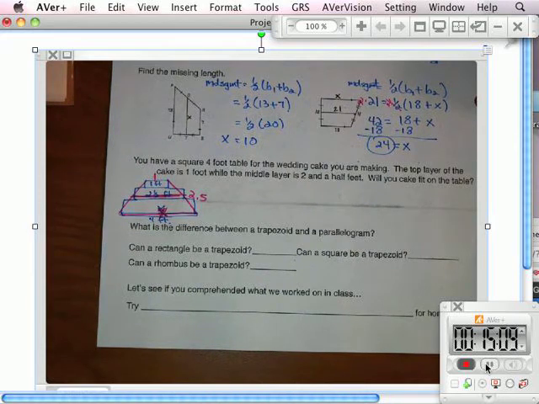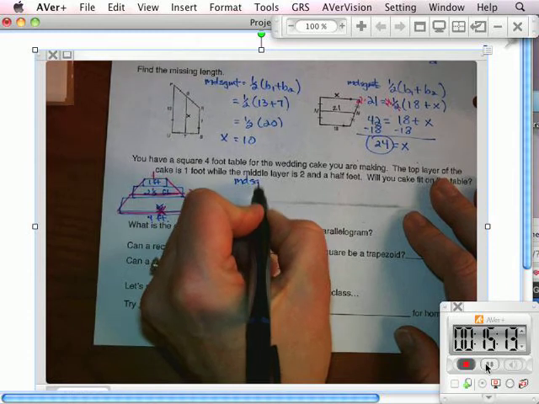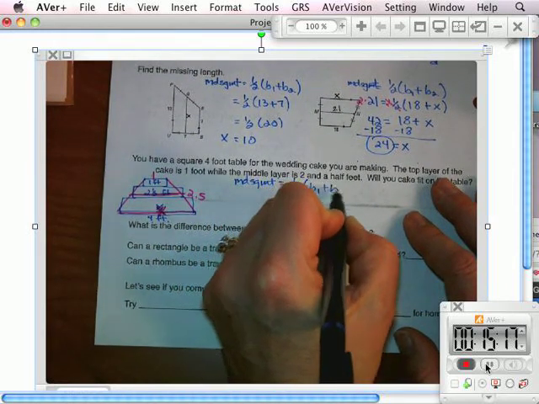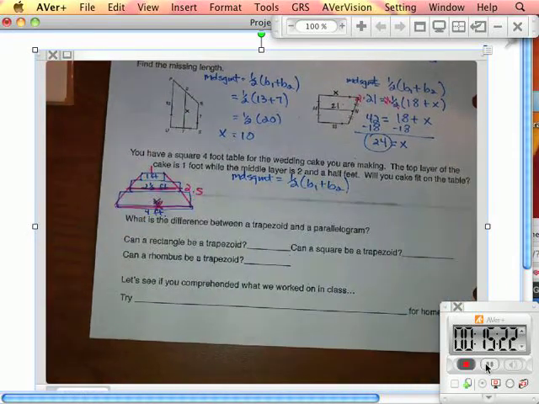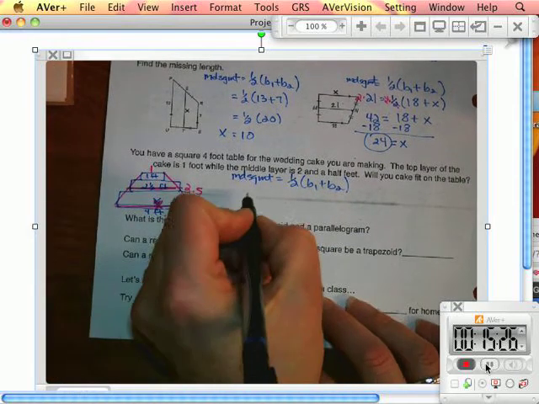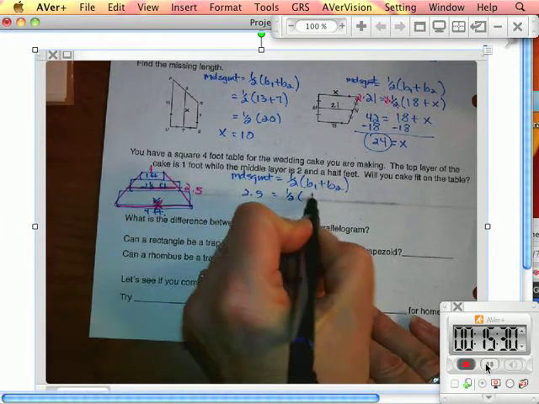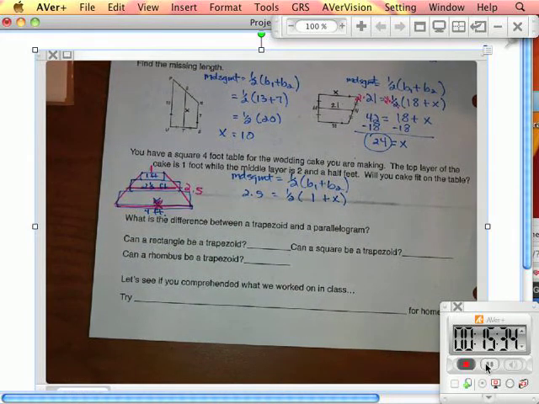So I'm going to use my mid-segment formula again. Mid-segment equals 1/2 (B1 plus B2). And I'm using that because they gave me the mid-segment. Obviously, I have to use it to help me solve this problem. So the mid-segment is 2.5. I know one of the bases is 1. I don't know what the other base is. I got to find out if it's more than 4 or less than 4.